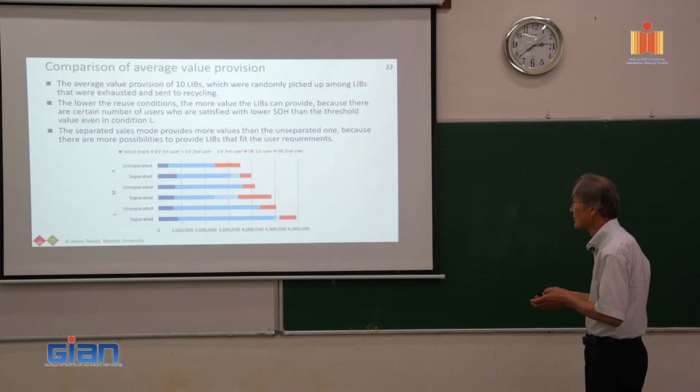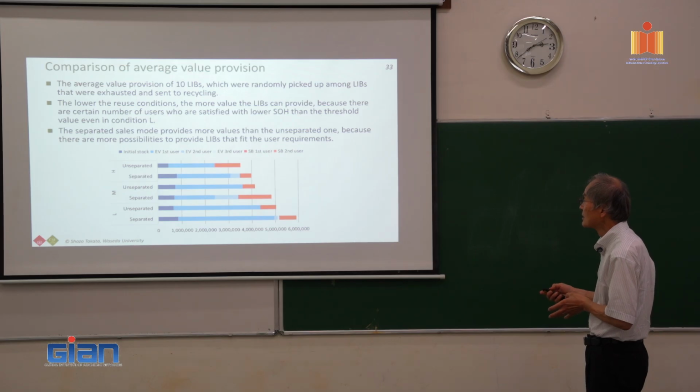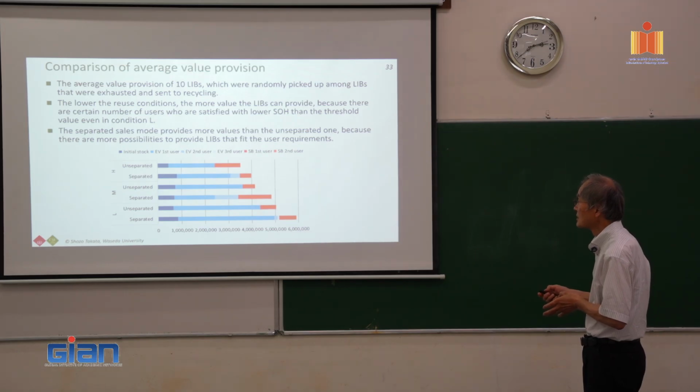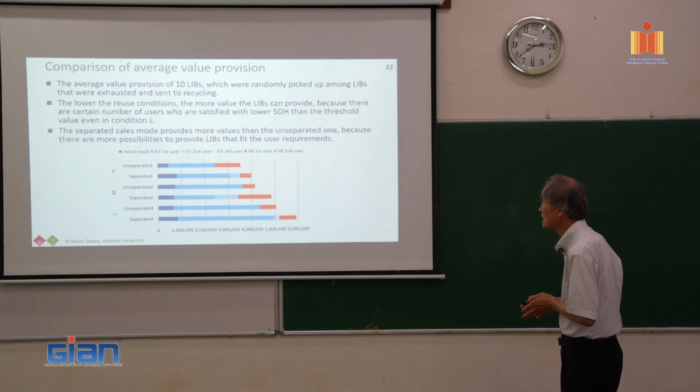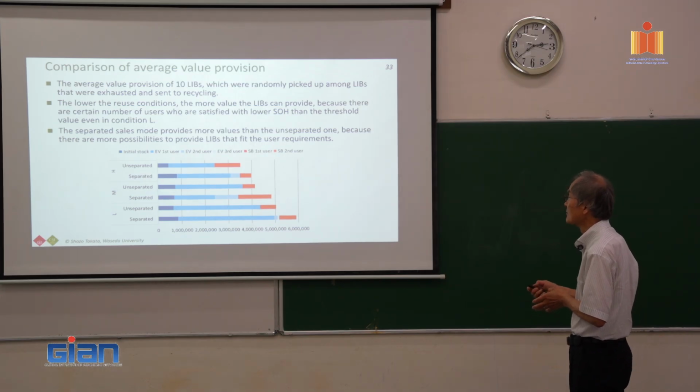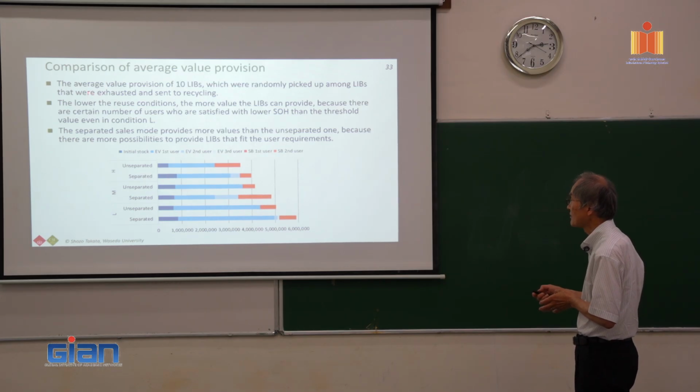So this is the average value provision of 10 ribs, which were randomly picked up among ribs that were exhausted and sent to recycling.